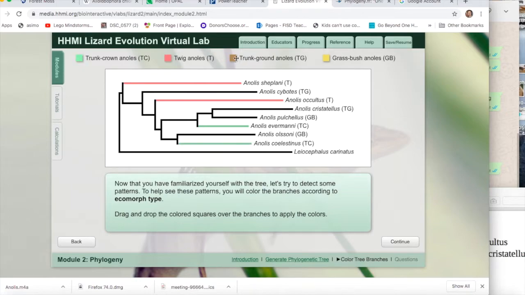Two of the trunk ground anoles, which are at the bottom of the tree. Trunk ground. And two of the grass bush, which live in the grasses. They generally have those lines on them.